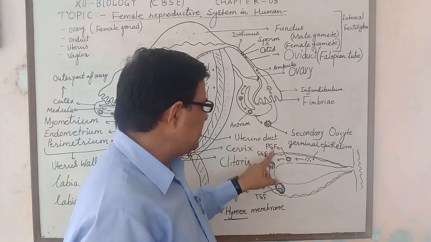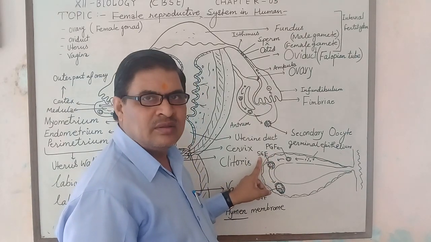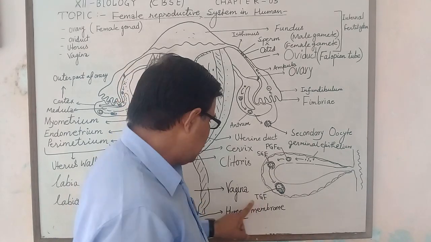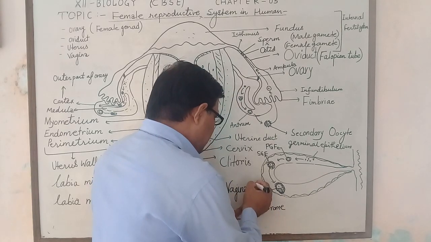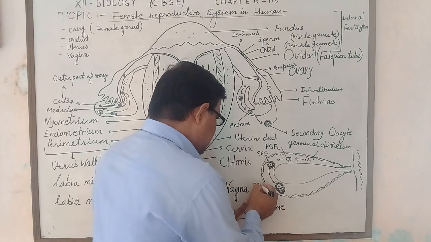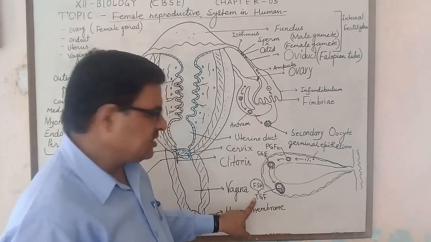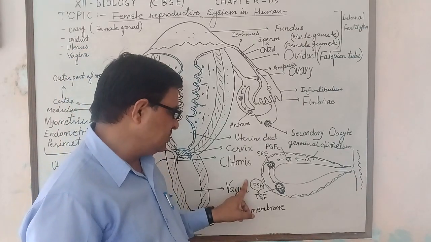Development of the primary, secondary, and tertiary Graafian follicles occurs under the influence of the hormone FSH.